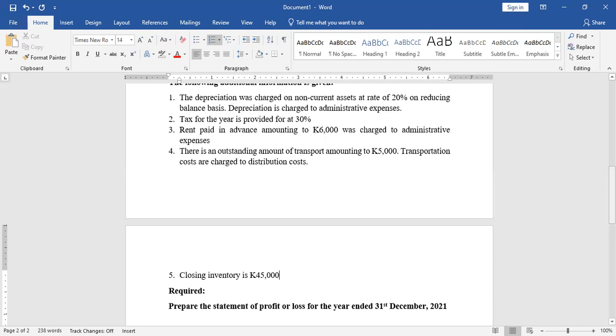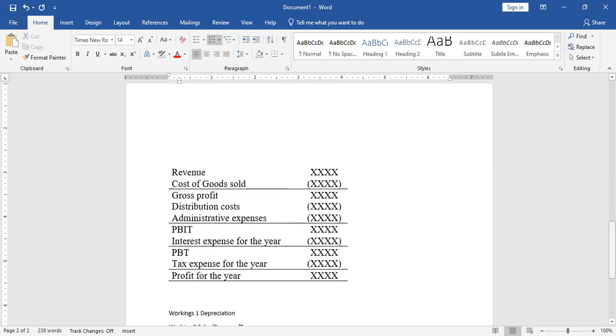Now I'll begin by indicating that the statement of profit or loss has a format, and this format is standardized because we follow the accounting standards. According to International Accounting Standard 1, which is presentation of statements, the income statement should have the following format. It should have revenue.